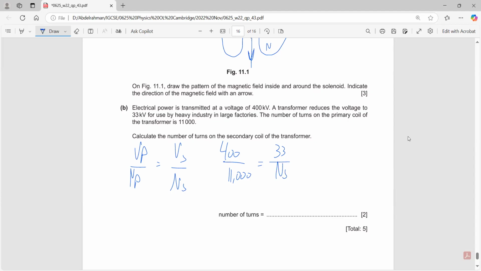This is an easy cross multiplication. 11,000 times 33 divided by 400, which is 907. I think in the marking scheme it would be written around 910, probably. So it's actually 907. If you write it down as 907.5 or 908, again, it would be acceptable.